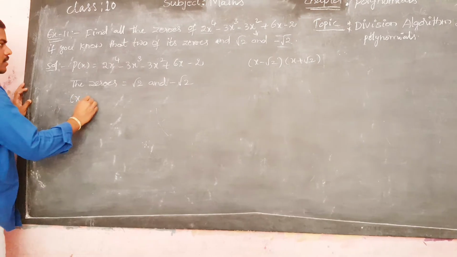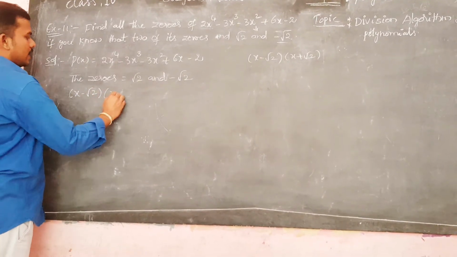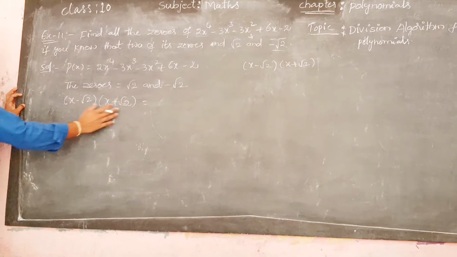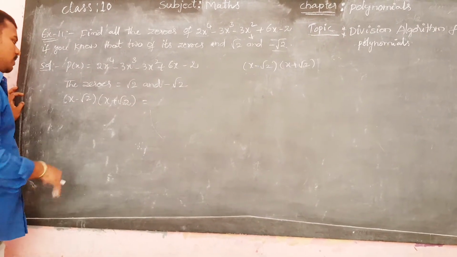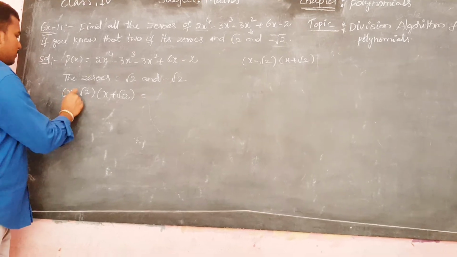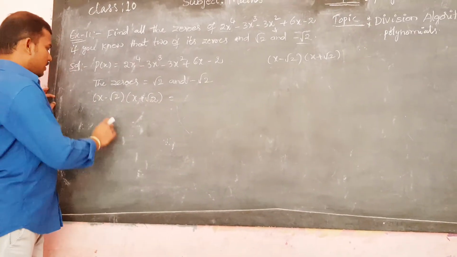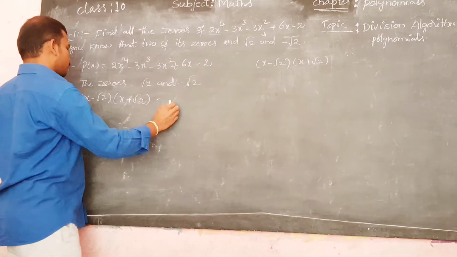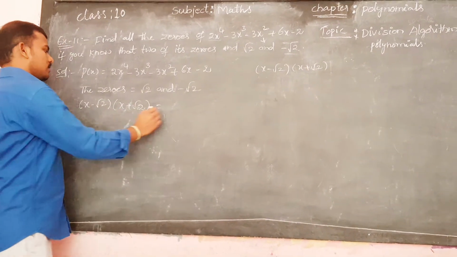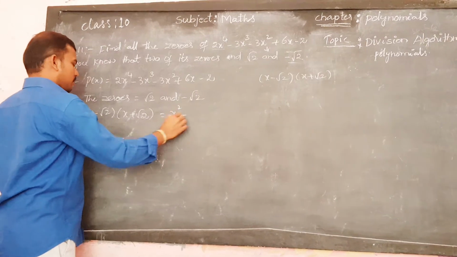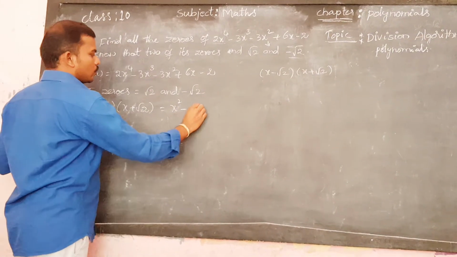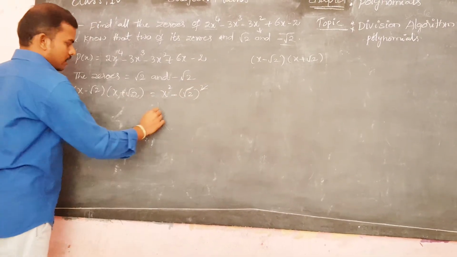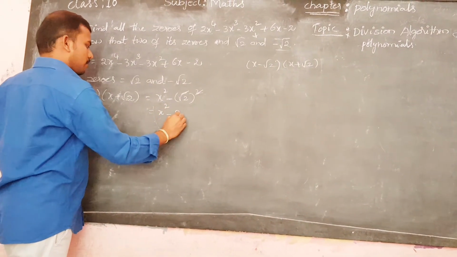So the product of the two factors, x minus √2 into x plus √2, is in the form of (a plus b) into (a minus b), so a square minus b square. A square means x square, b square means √2 whole square. Here the square root and square get cancelled. So we get x square minus 2.